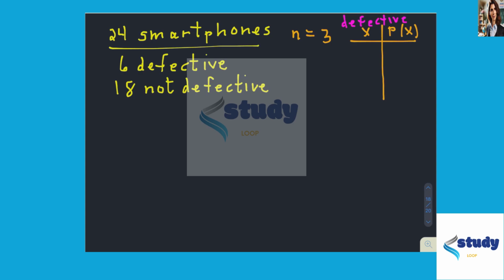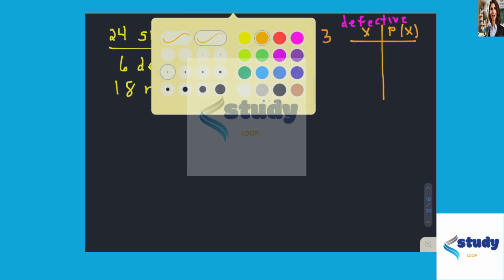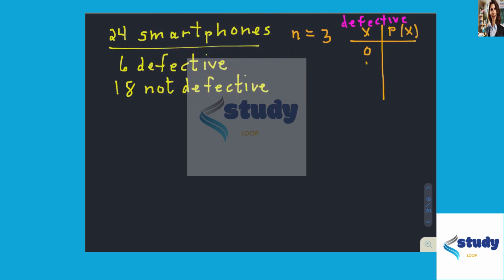So that means we might look at 3 and find 0 to be defective, or 1, or 2, or 3. And that's all the possible outcomes. So that's our entire probability distribution. And as long as we have a complete probability distribution, we know that the sum of all the p of x's will equal 1.